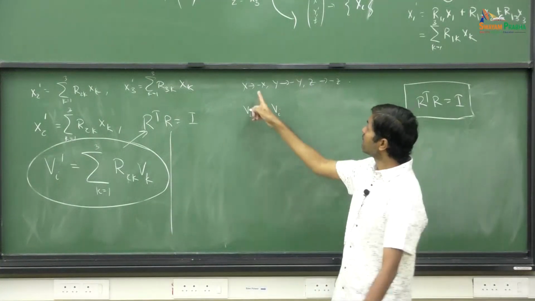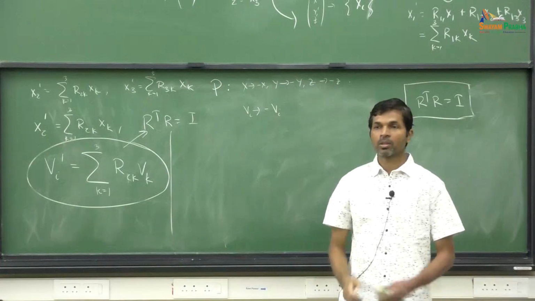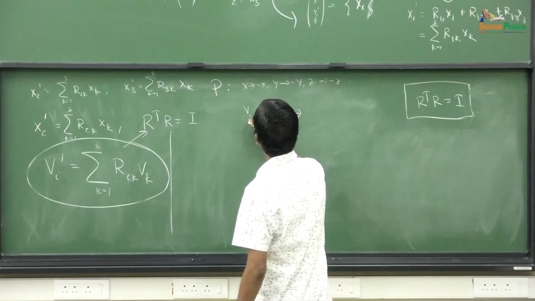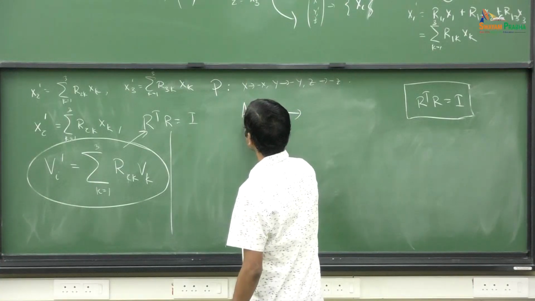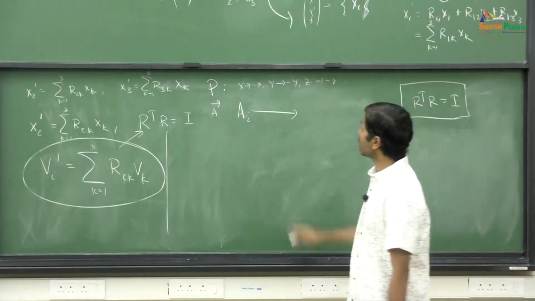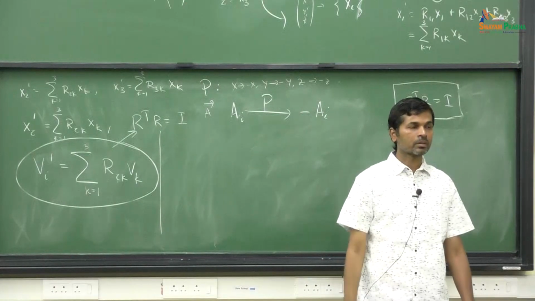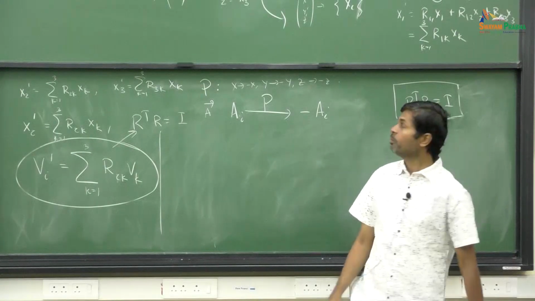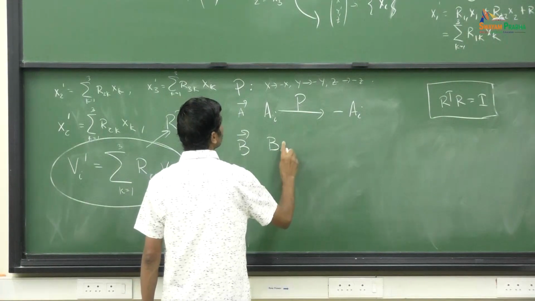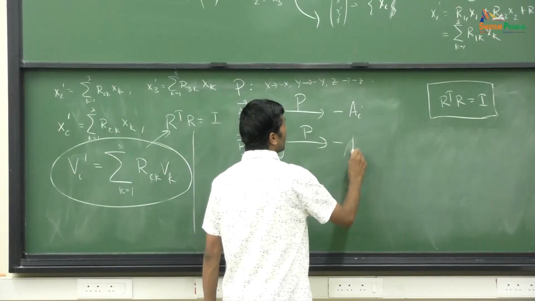This transformation I will define as parity. Let's say A is a vector, its components are Ai. Under parity transformation, they go to minus Ai. B is another vector. Its components are Bj. Under parity transformation, they go to minus of themselves.